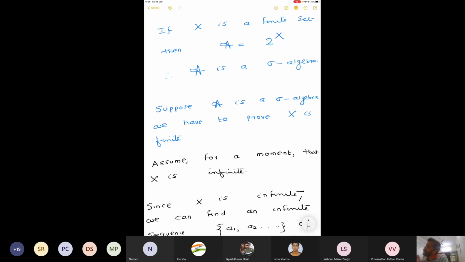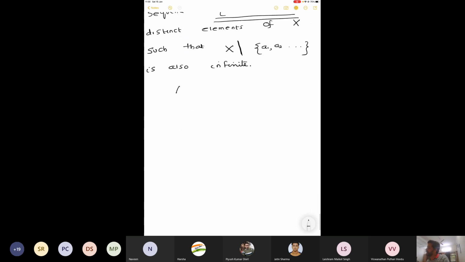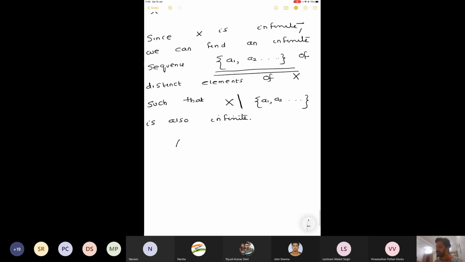A countable number of elements in script A whose union is not in A. That's what I have to prove: show that A is a sigma algebra if and only if X is a finite set. So I am going to write each A_N as a set {A_N}. Then each {A_N} is finite and therefore in script A for all N.